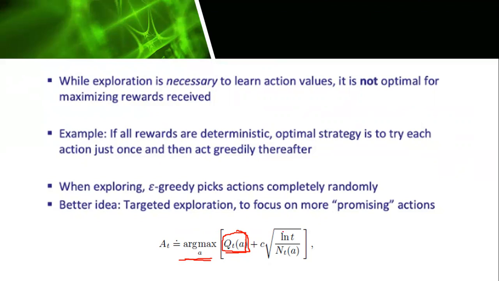In addition to that, we have added one component, which is C. C is a constant, T is the time at which I'm making this move, and NT is the number of times I have tried this move. Among these, whichever is the maximum, I'll take that, and from there I will proceed towards the greedy approach, or the exploitation approach. So this is the equation for upper confidence bound.